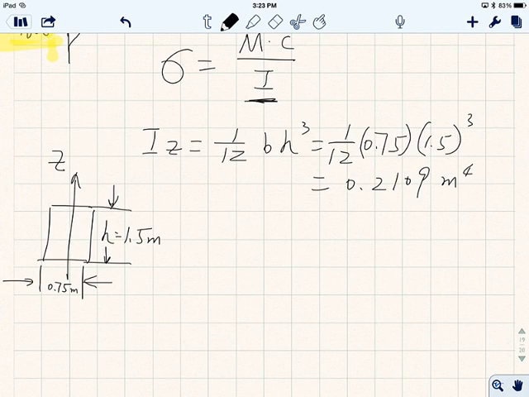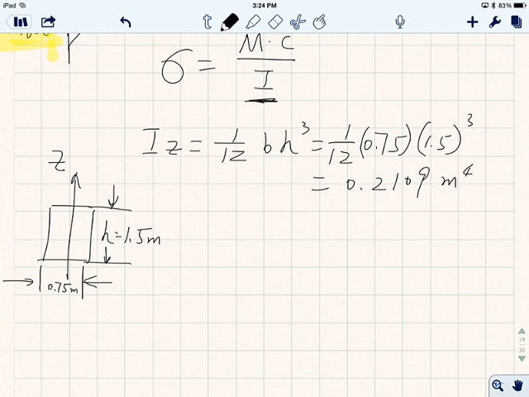So the base is big, but the height is so small. So 1/12 b times h cubed. This h is a small number, because how thick is this ruler? Probably half a millimeter, right? And how big is this base? Probably about 1 inch, so about 2 centimeters. So 2 centimeters times 0.1 centimeters, a small number. So I can bend it easily, right?